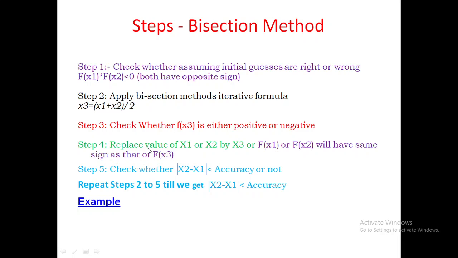Step number 4, once you have got that value, positive or negative, after that you have to replace the value of x1 or x2 by x3. Remember that in step number 4 you have to replace the value of x1 or x2 by x3, whose f of x, that is f of x1 or f of x2, has the same sign as f of x3.